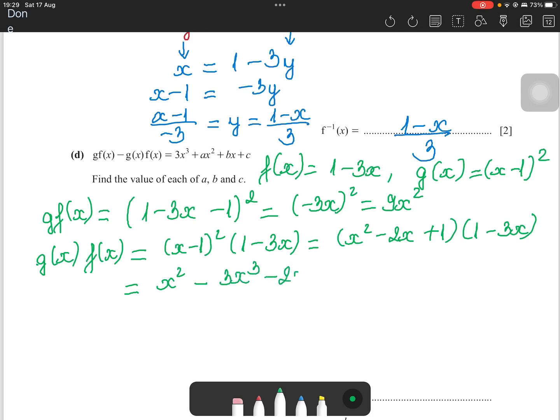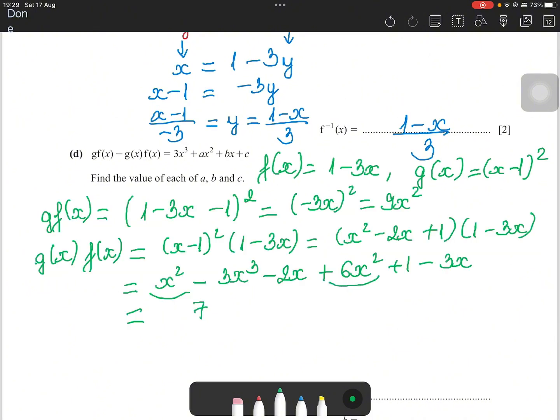Negative 2x times 1, negative 2x times negative 3x is positive 6x squared. 1 times 1 and 1 times negative 3x. So x squared plus 6x squared is 7x squared, minus 3x cubed. Negative 2x minus 3x is negative 5x. And then we have positive 1 here.